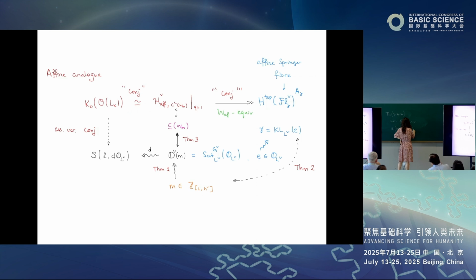So this is the affine Springer fiber in the Langlands dual Lie algebra attached to an elliptic element of slope u over h check. So this is known.